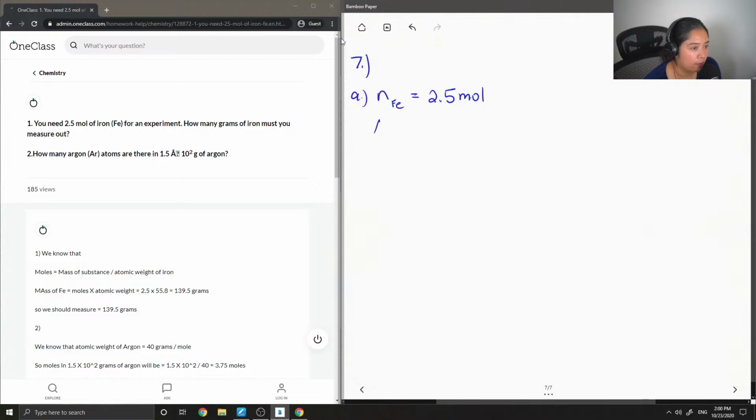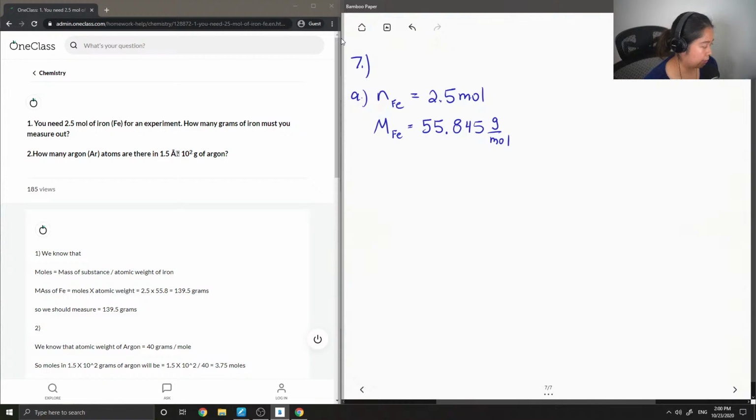And it's not given, but we can look it up on a periodic table. But the molar mass of iron is equal to 55.845 grams per mole.